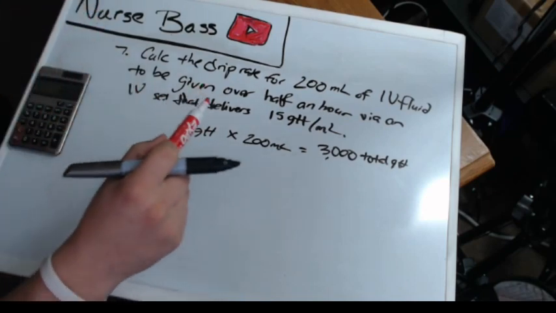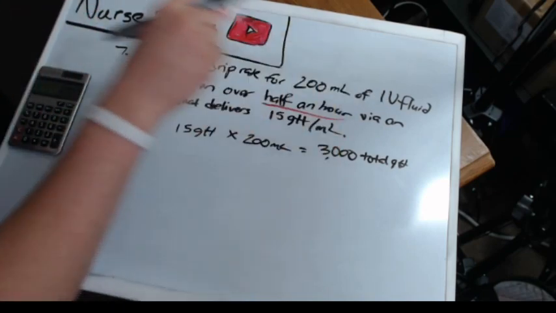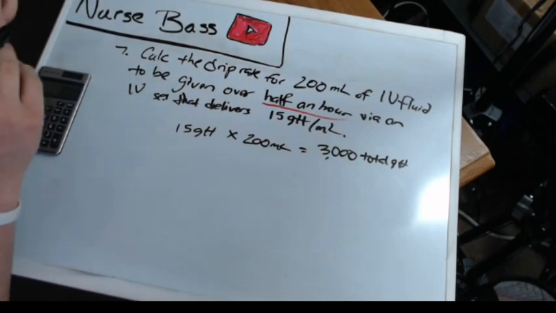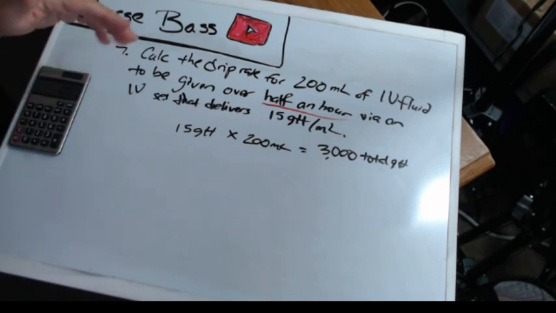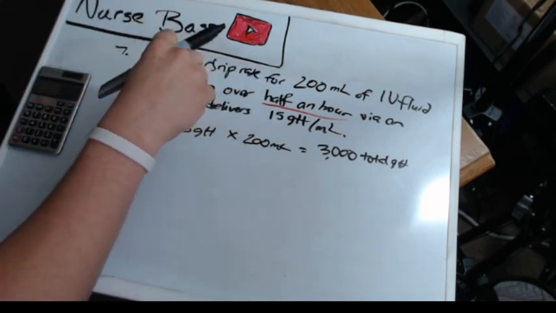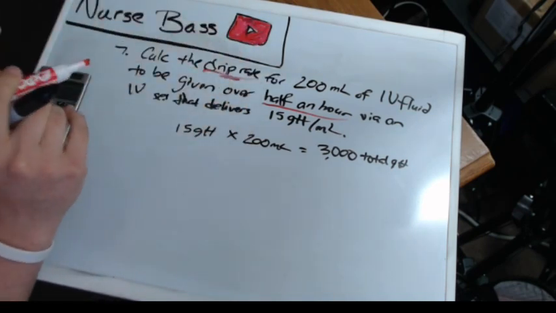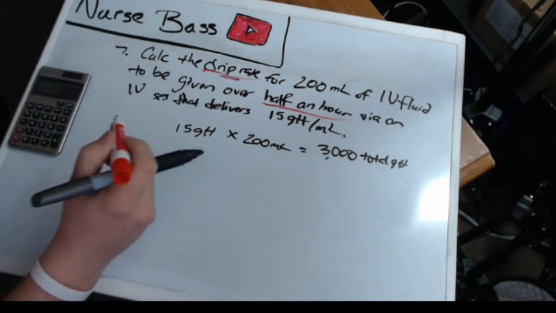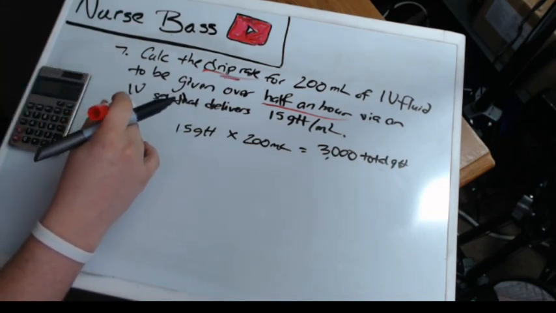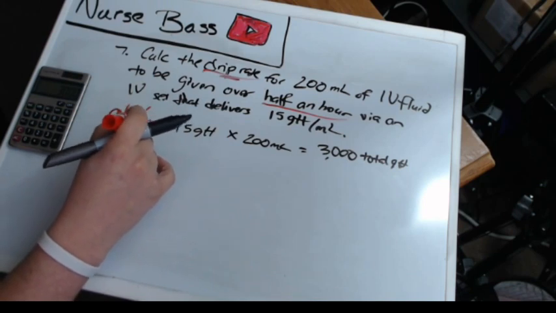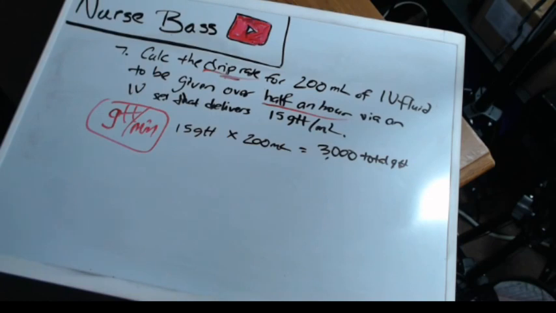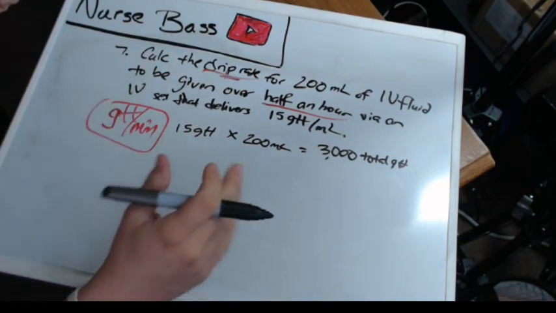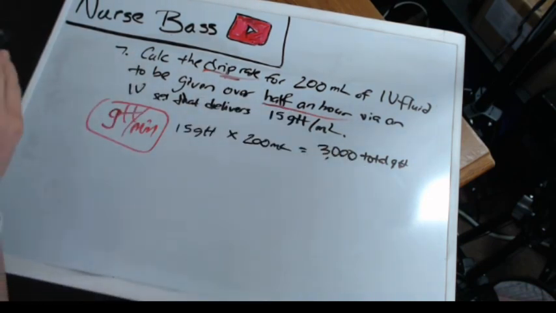We know that it needs to be given over half an hour. Now, another thing that you need to know is if you're calculating drip rates, these answers are always in drops per minute. Okay? So, we have our total drops, and we know it needs to be given in half an hour.